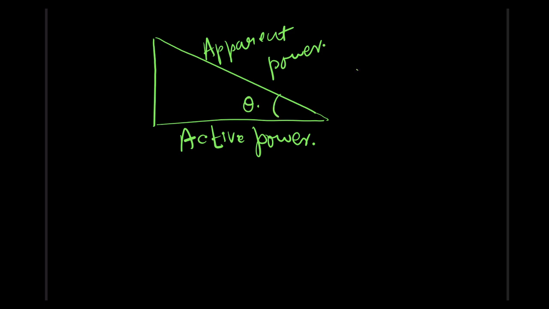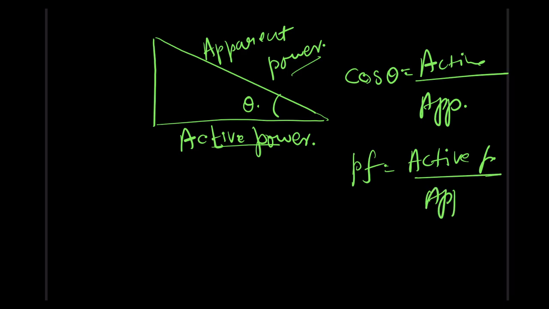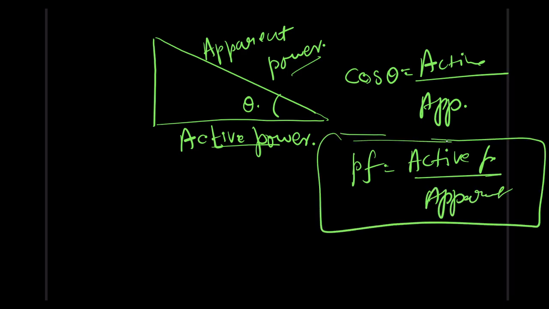So from Pythagoras theorem, we know that cos theta is equal to base upon hypotenuse. Base is active power, hypotenuse is apparent power. Power factor will be equal to the ratio of active power to apparent power. So this is another expression for finding power factor.